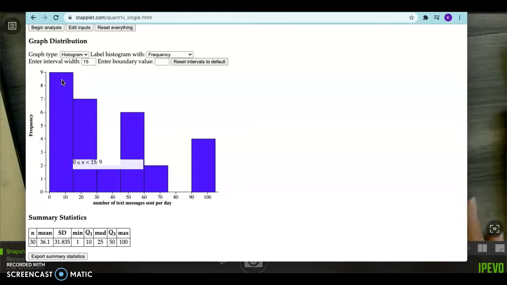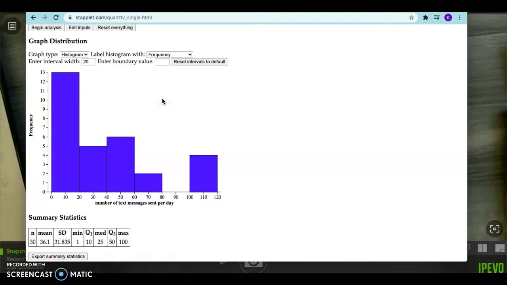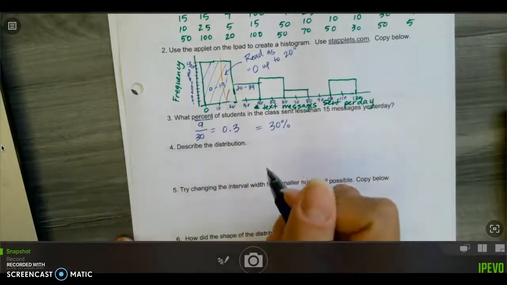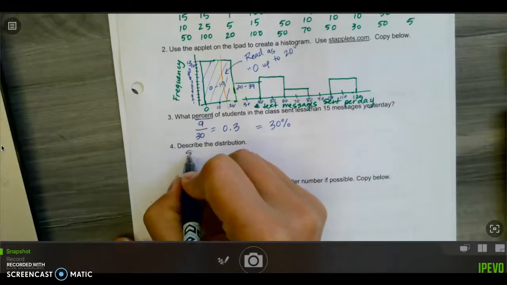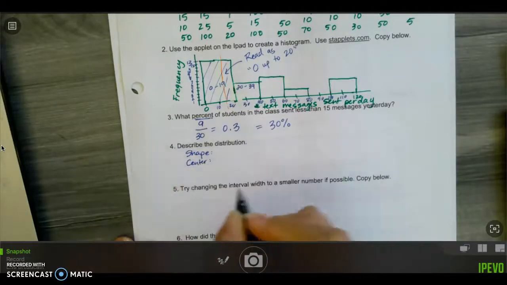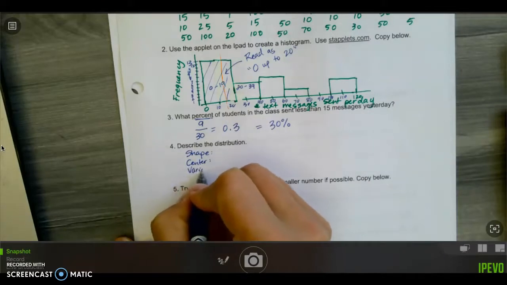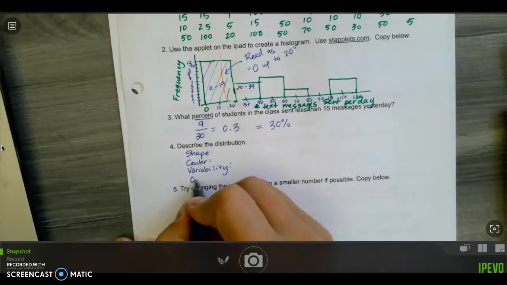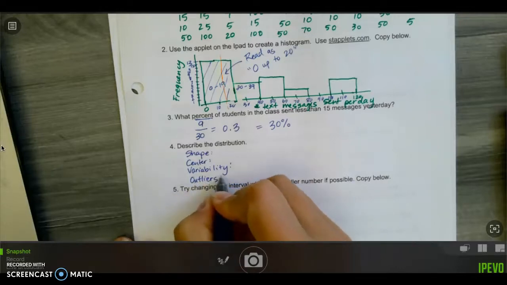Now we want to describe the shape. I'm going to go back to what we had originally with our histogram. Remember, to describe the distribution I would need to describe the shape, the center, the variability, meaning how far it is spread out, and whether there are any obvious outliers.